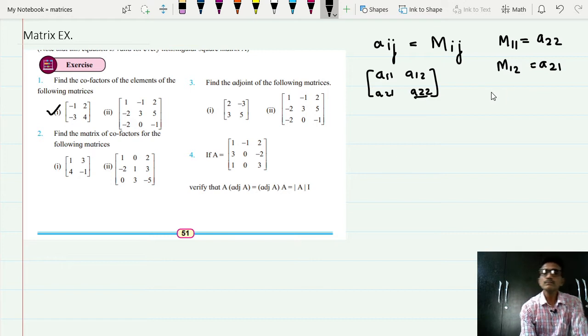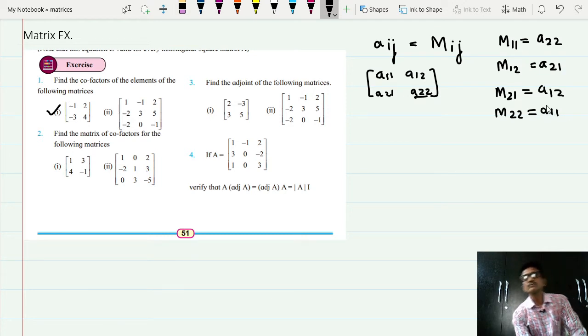Minor of a21 we denote by M21, and it is a12, and minor of a22 we denote by M22, which is a11. So thus we got all 4 minors. सबके minors मिलेगा.